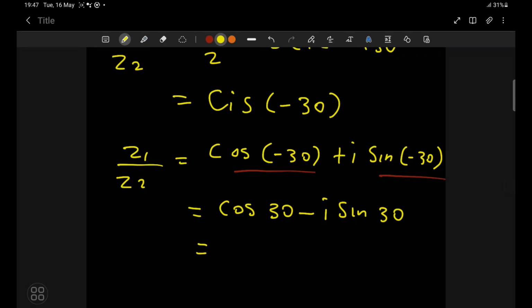Cos 30 is square root of 3 over 2, minus sine 30 is 1 over 2, so we'll have i times 1 over 2. And this is in standard form. We can conclude from here.